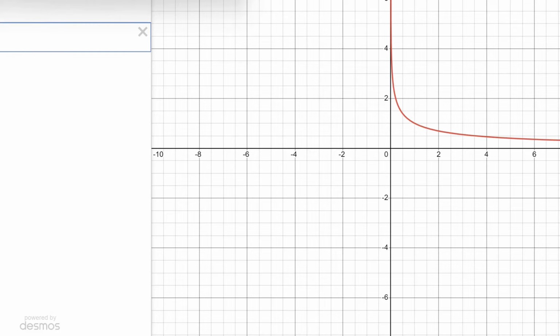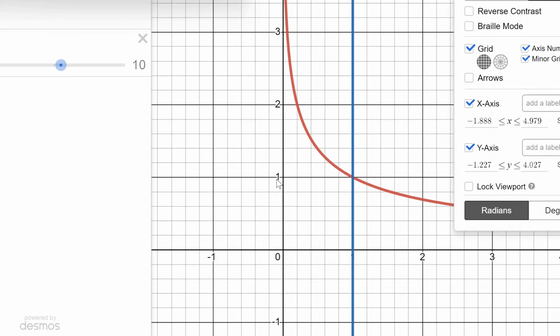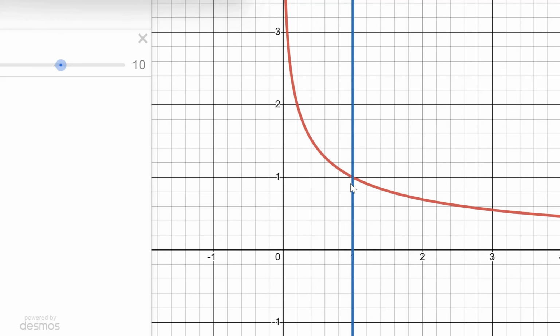So let's do x equals 1. So this kind of looks like it's going to go to 1. Well, yeah, because if I plug in 1, I'm not going to get it. But it definitely looks like it's going to 1. But somehow we have to figure that out.